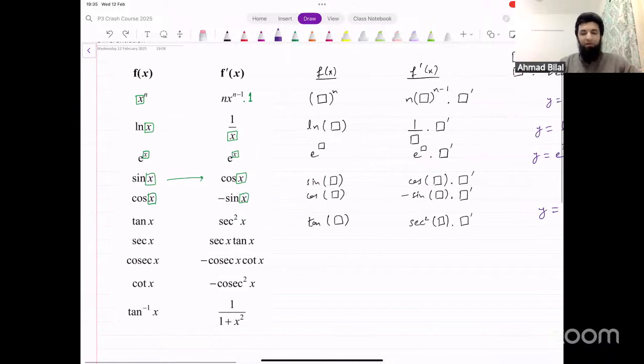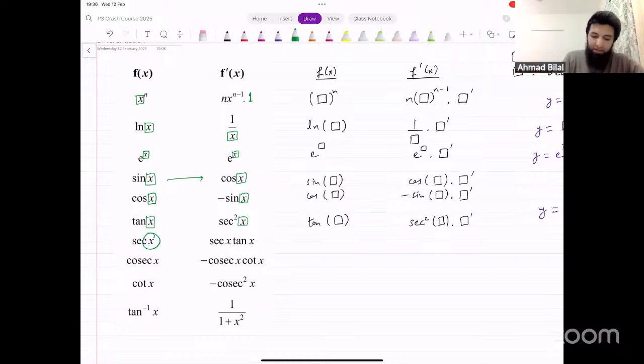Now, these are all given in the formula sheet, although you will start remembering them as you practice. Don't try to sit down and start rote learning. That's not the way it works. You will just do a lot of practice, and you will start remembering most of these rules automatically. But you still have the formula sheet as a backup. You can use that. Let's look at the next one now.